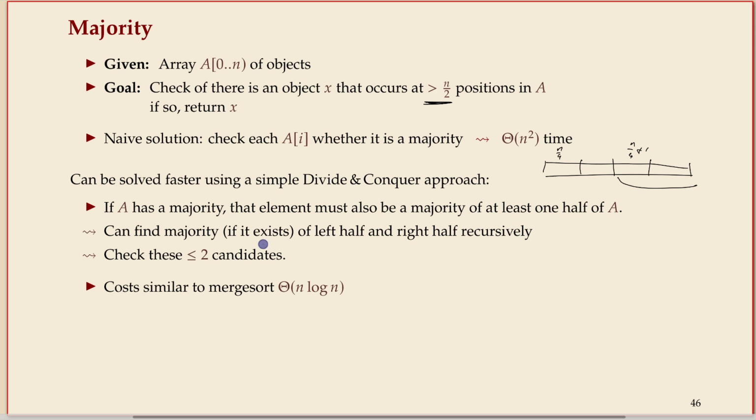So we recurse on the left and the right half, and that comes back with some candidate. So what are the options?